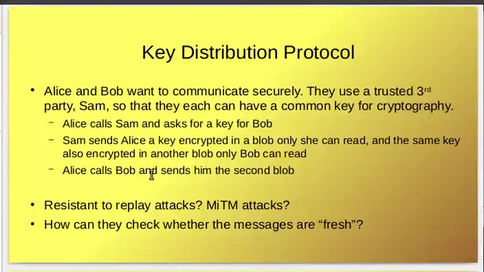So this is a basic idea, and this is actually used, but there are problems not so much with the encryption, but there are problems with the protocol. There are vulnerabilities.